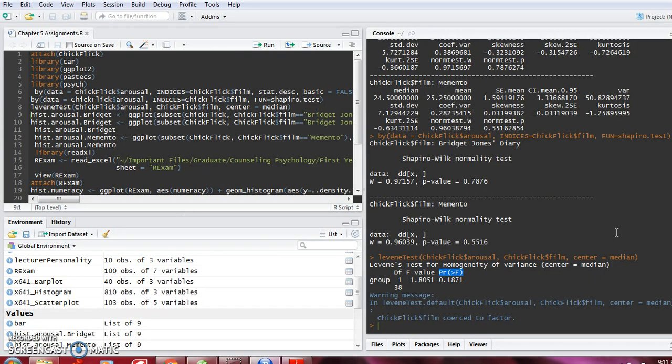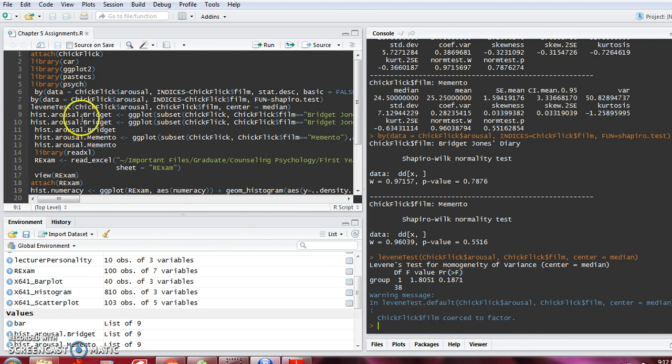What this means is that we can safely assume that there is homogeneity of variances. So our variances aren't essentially different from one another. So this is great.